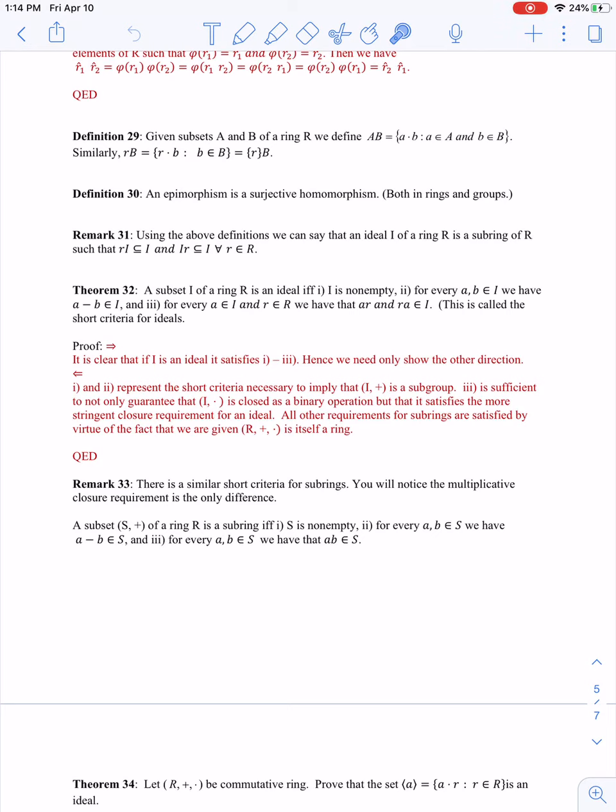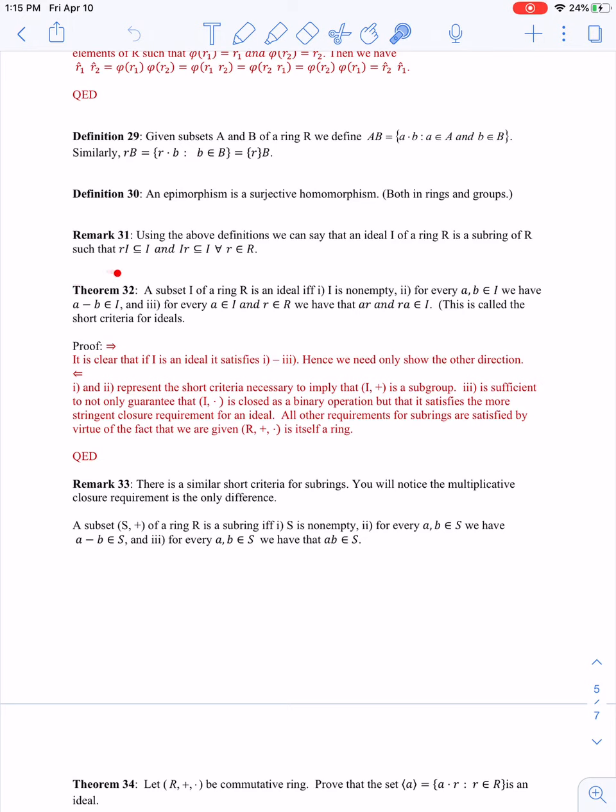In other words, if I took anything in the ring and I multiplied it by anything in I, I would land back in I. Well, another way to write that, using this right here, is for any r in R, rI is a subset of I, and Ir is a subset of I. Okay, so that's just another way of writing the definition of an ideal in a little different fashion.